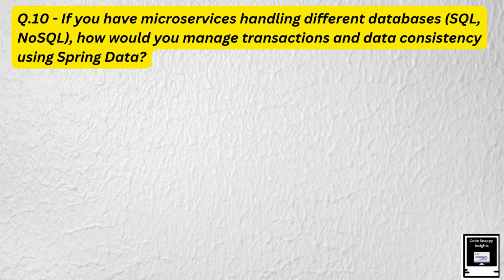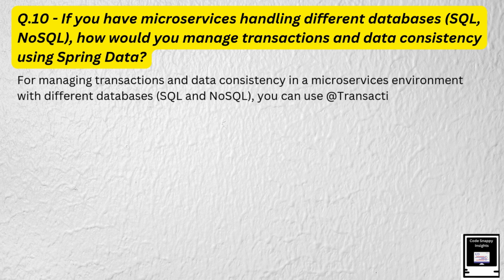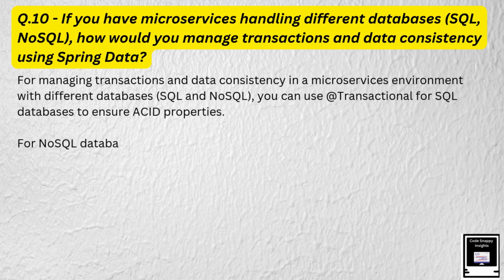Next question: if you have microservices handling different databases, SQL and NoSQL, how would you manage transactions and data consistency using Spring Data? Here is the answer for this. For managing transactions and data consistency in a microservice environment with different databases, SQL and NoSQL, you can use @Transactional for SQL databases to ensure ACID properties.